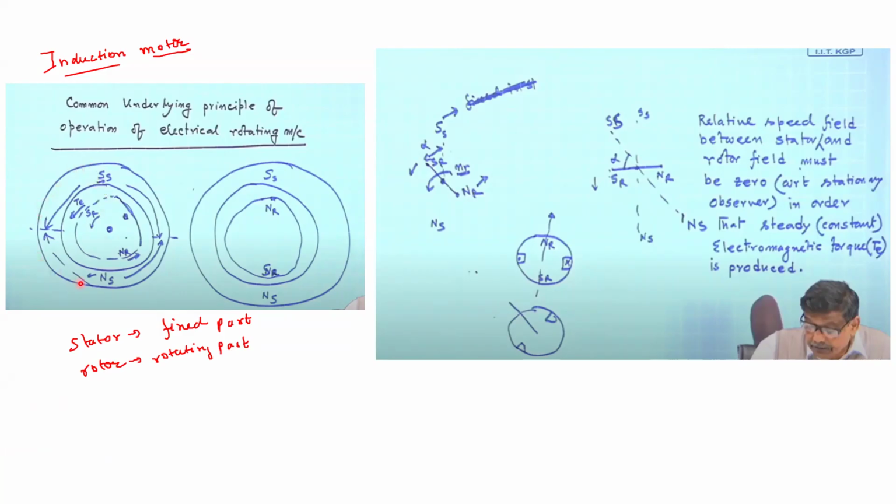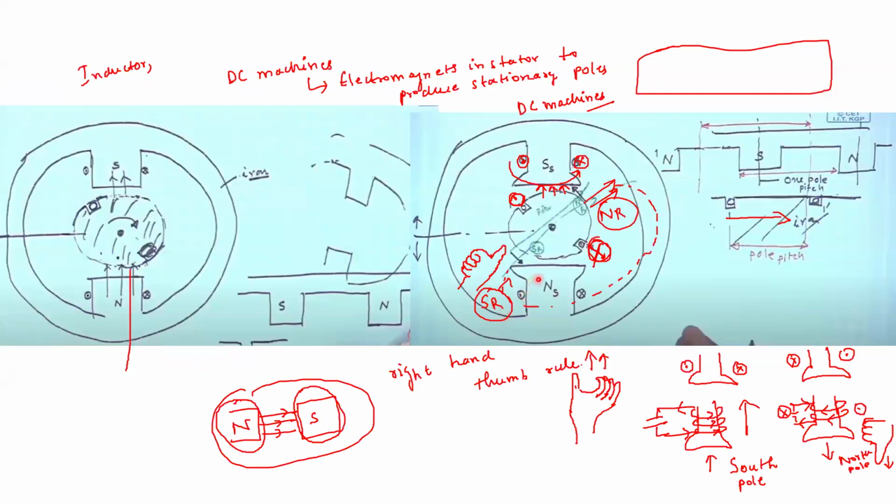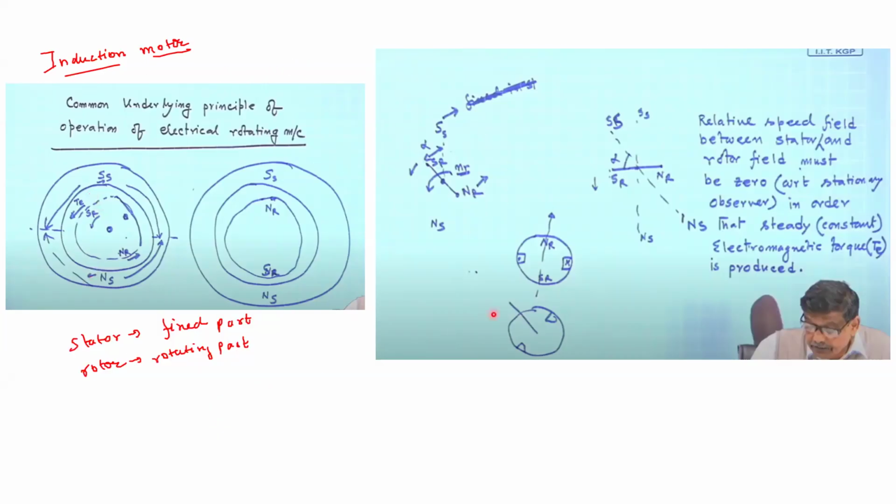Here, this is the stator, and in the stator we have the poles. Let us say this is the south pole of the stator and this is the north pole of the stator. Now the rotor: let us say that at a given point of time you have passed currents in the coil, and by passing the currents you have obtained a north pole here and a south pole here.